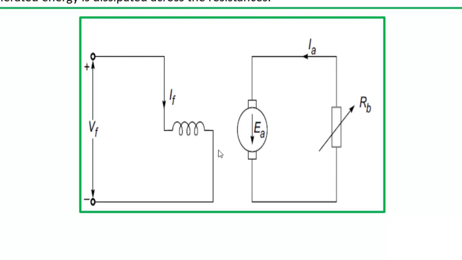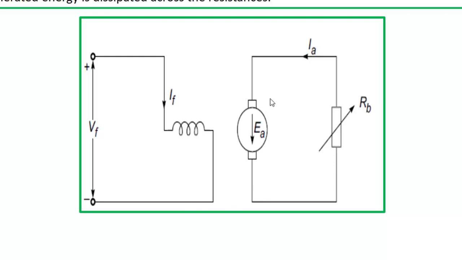This method is generally used for small or lower rating motors, because the power generated is not too much, so it may be dissipated across this resistance. But for a large motor, this is not the economical way. In that case, a large amount of power will be dissipated or lost, so the overall efficiency of the system will reduce. So dynamic braking is suitable for lower rating motors.